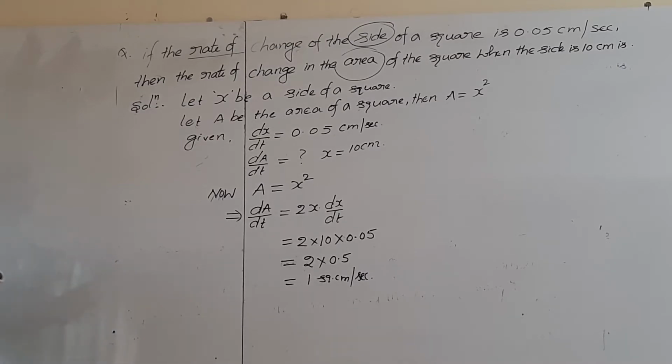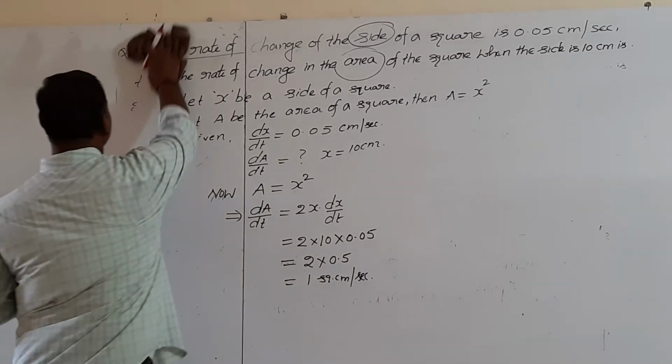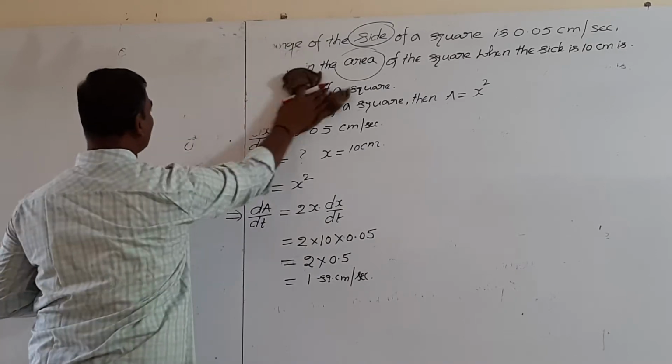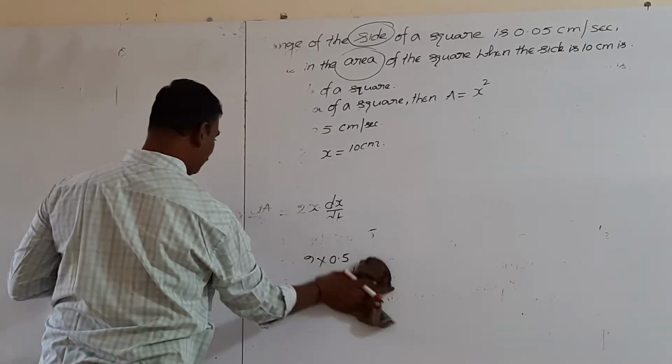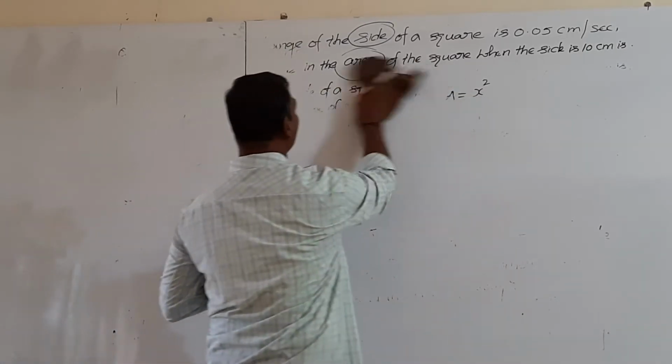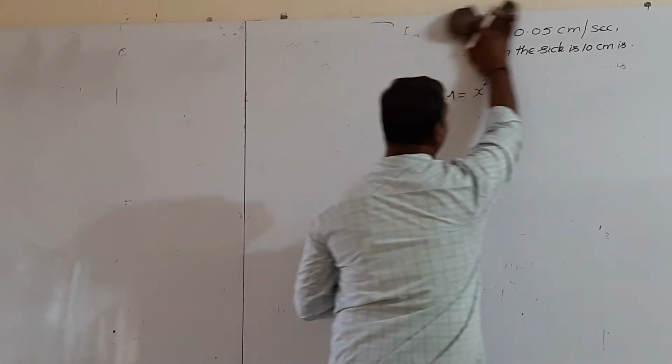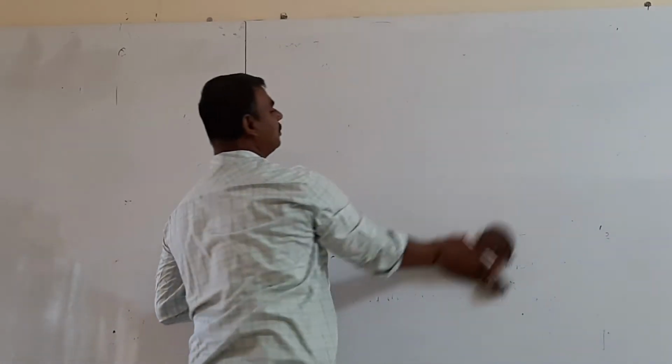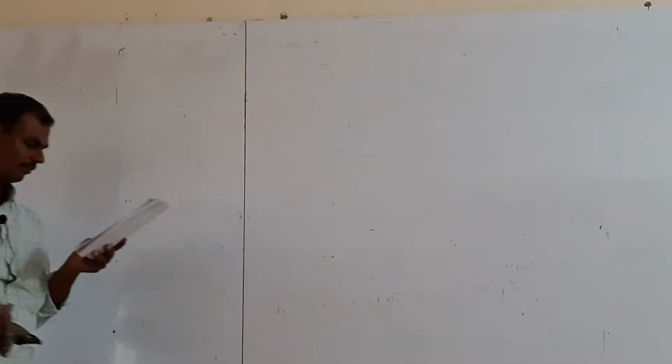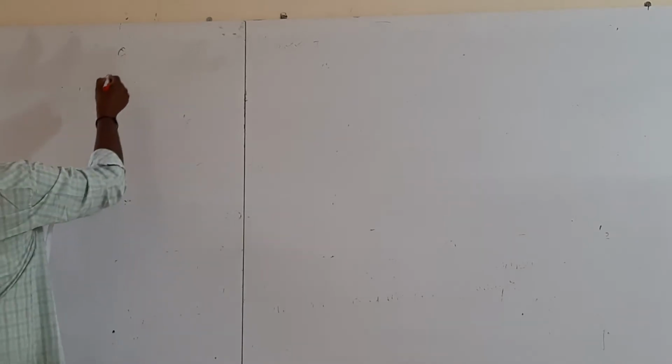Let us see one more problem. Question number 3. Now we are going to the entrance point of view, more questions. Very important questions. I'll give this one: the volume of a sphere.